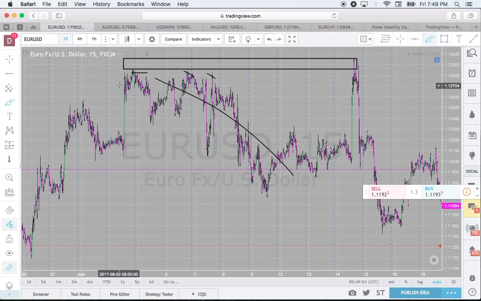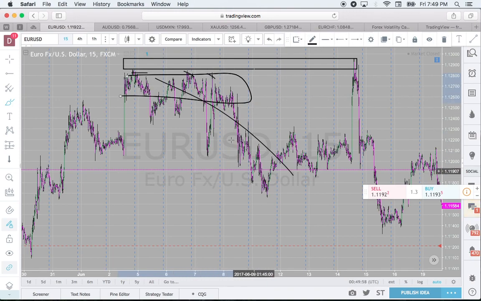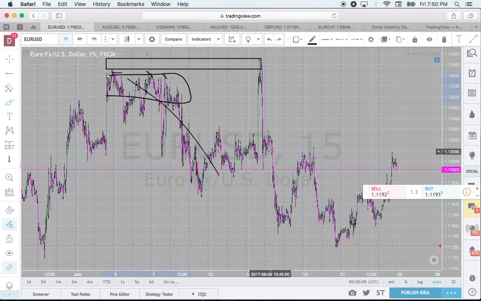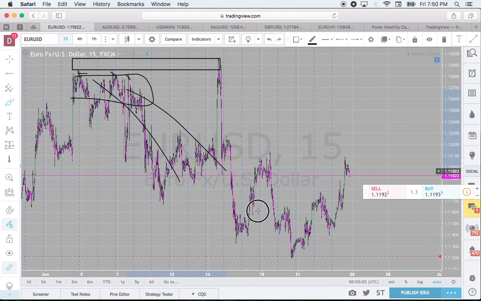So it would be strange that the dealer would let people ride this trend all the way down without hitting stop losses.